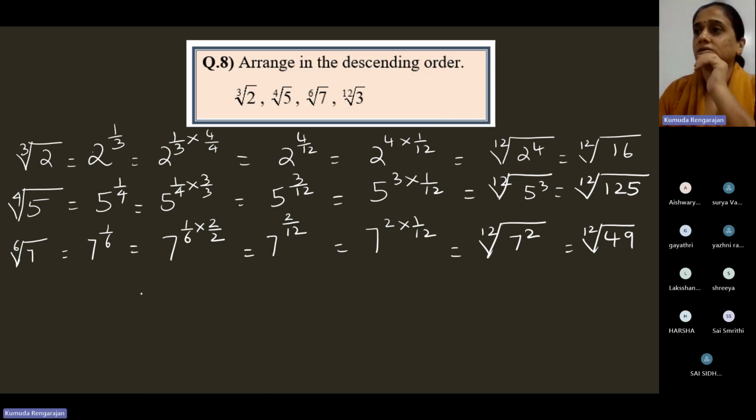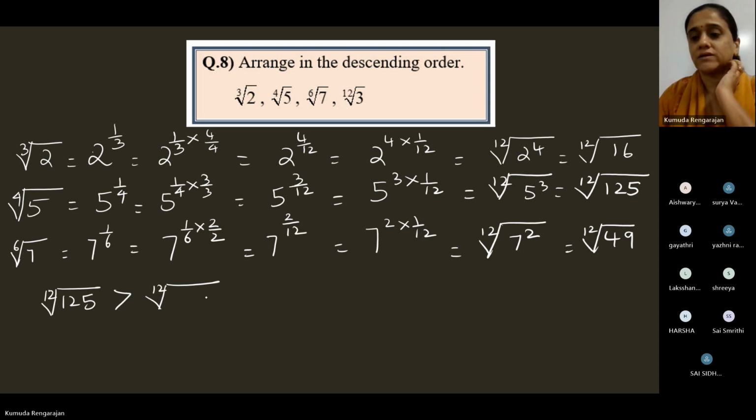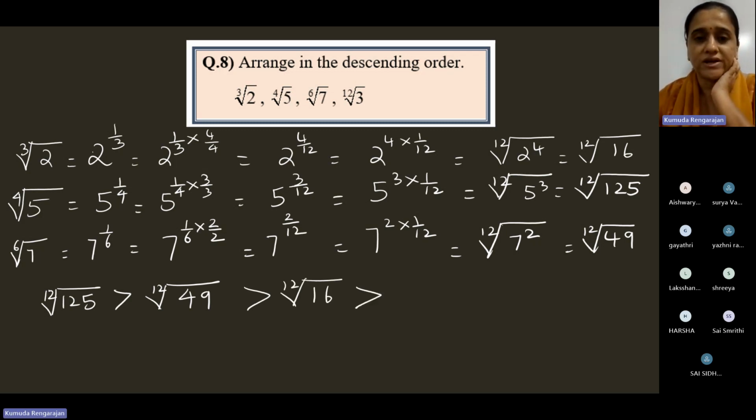Which is the biggest? 12th root of 125. So 12th root of 125 is greater than 12th root of 49 is greater than 12th root of 16 is greater than 12th root of 3.